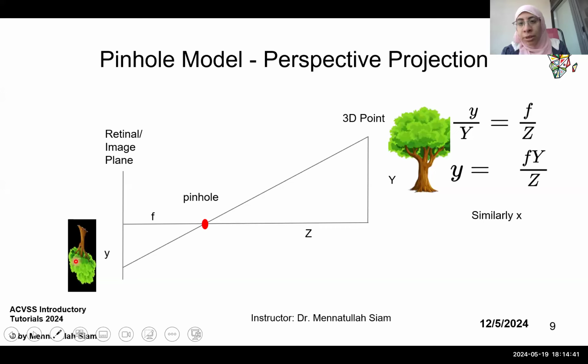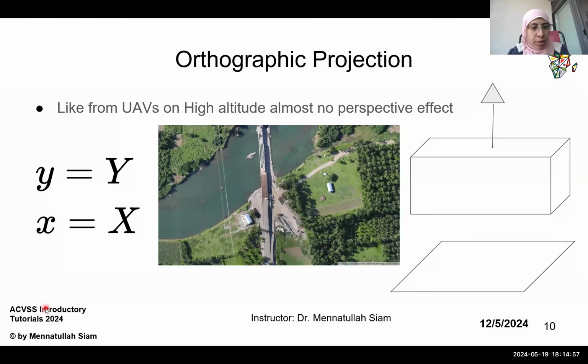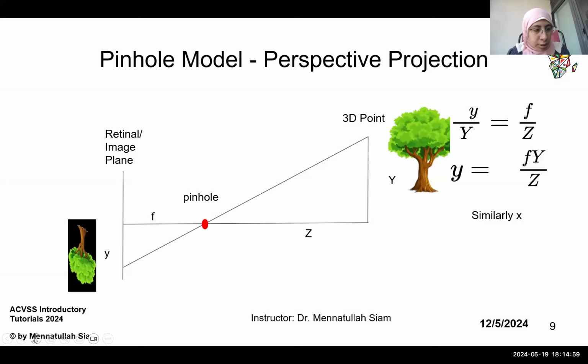So now we have our world, including a tree in 3D, and we have a certain point here. This point is a 3D point, which means it has the X, Y, and Z coordinates.